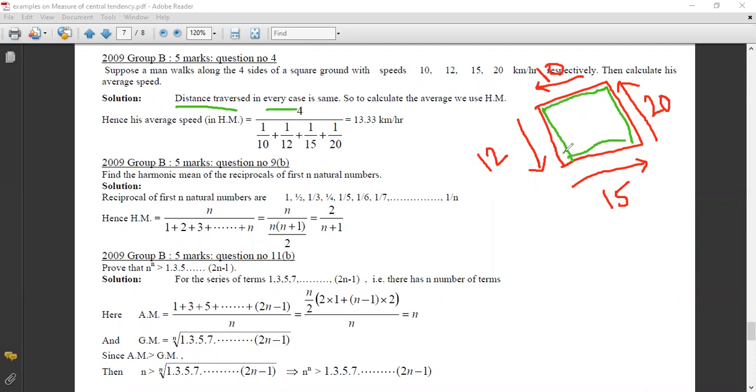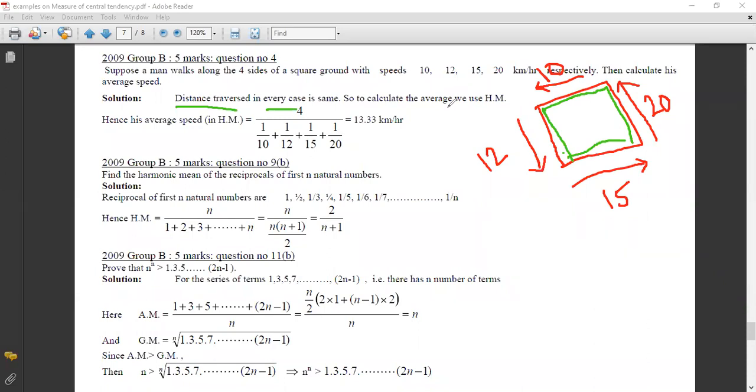বর্গক্ষেত্র মাঠ same হবে. So if the distance is fixed or distance is same but the speed is different, we calculate the average speed. I repeat, we calculate the average speed, we always use HM.